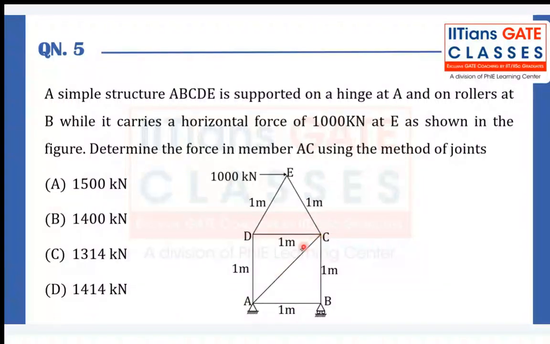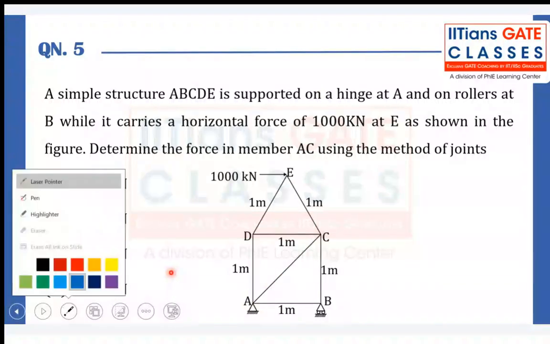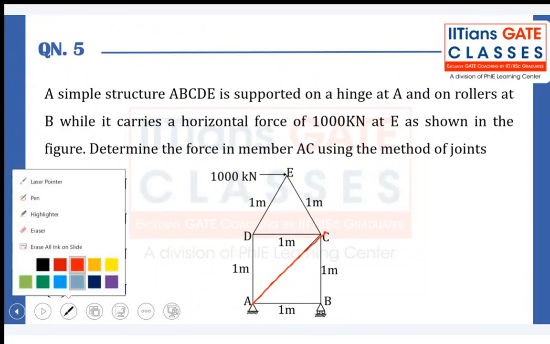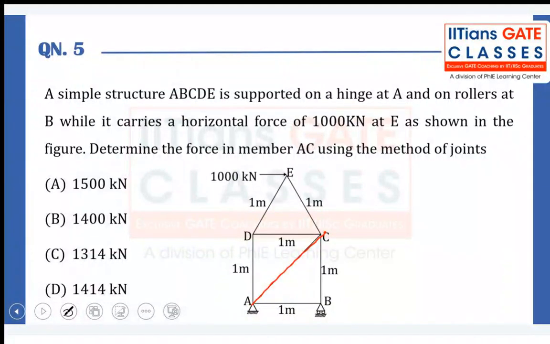So we are supposed to find the force in the member AC. In order to do so, we should first find the reactions at the support and draw the free body diagram of joint A. So how will you find the reactions at the support?